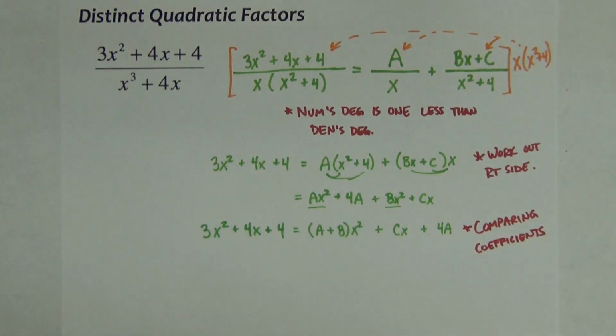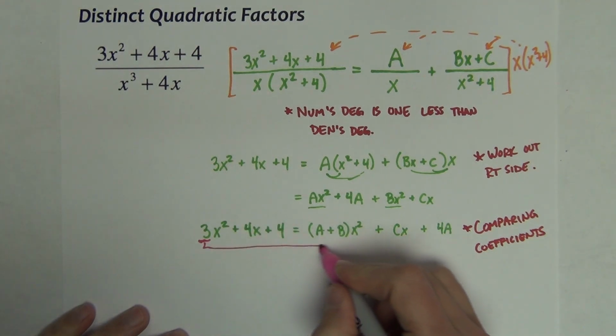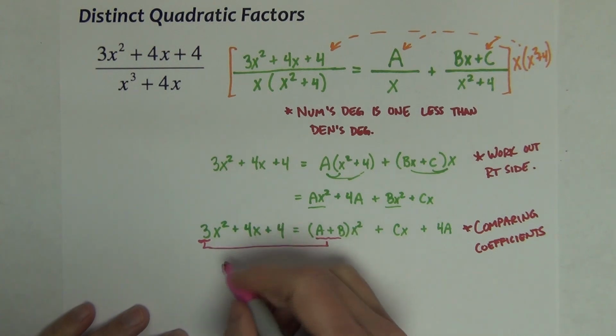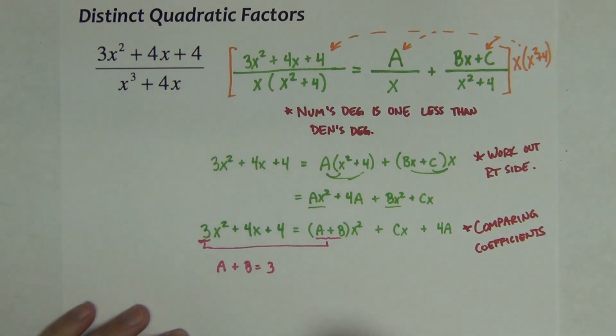Okay? So, in other words, in front of the x squared here is a 3. In front of the x squared here is a plus b. Therefore, if this side equals this side, it should follow logically that a plus b equals 3.